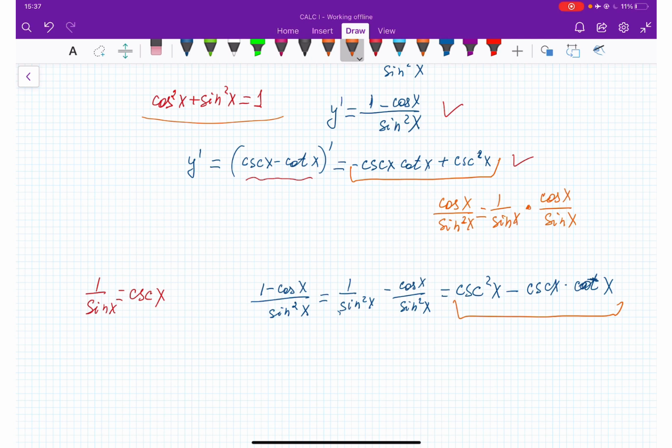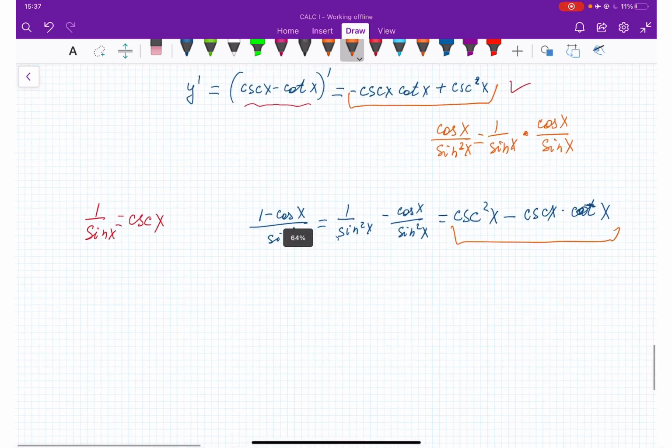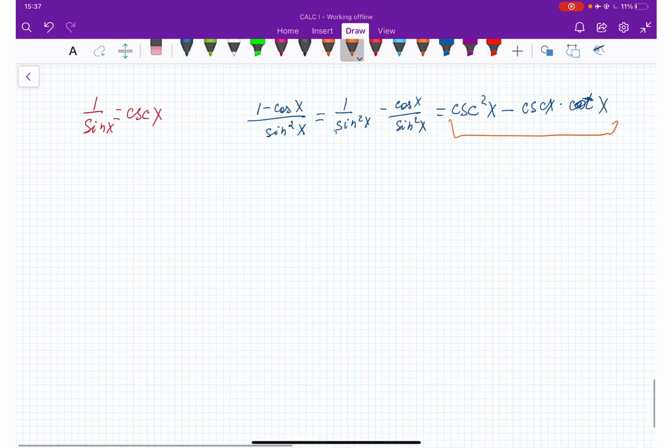And lastly, let me bring several examples of higher order derivatives. I can take the derivative several times up to the nth derivative.